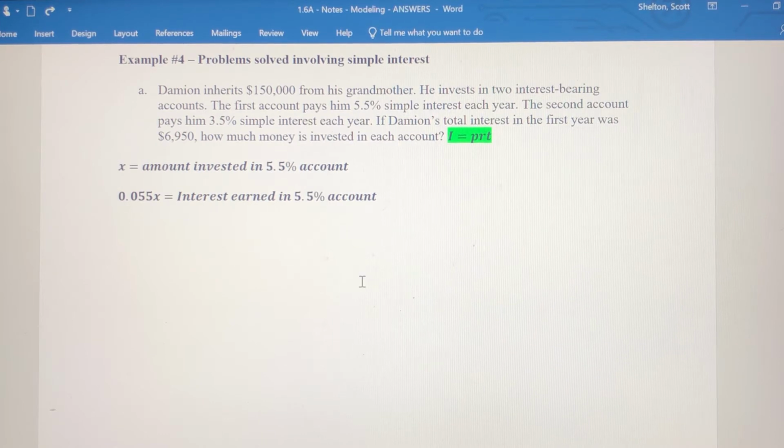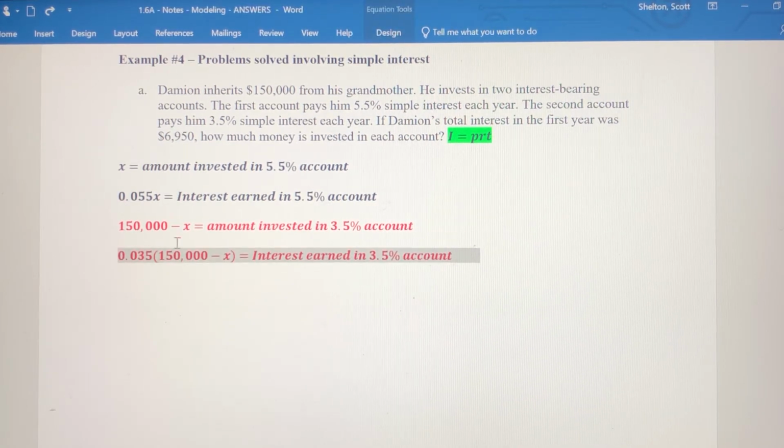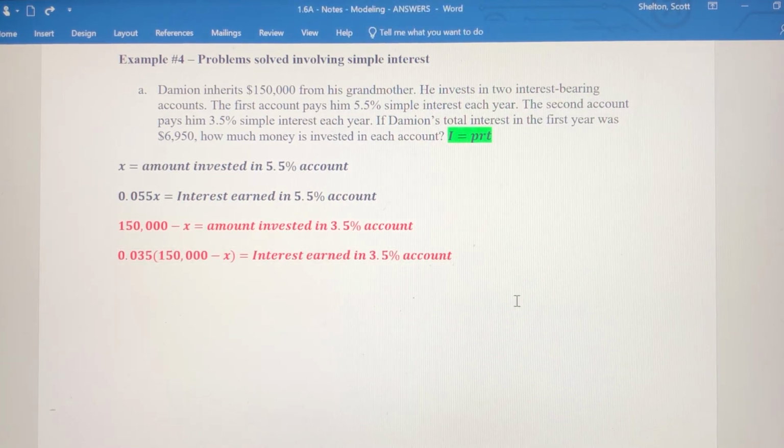The second account, well, if he invested X amount of dollars in the first account, he would have invested $150,000 minus that amount X in the second account. So the interest earned on that account would be this percentage, written as a decimal, times this value, $150,000 minus X.